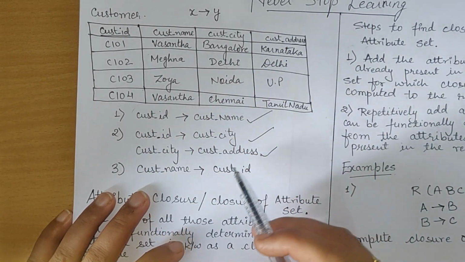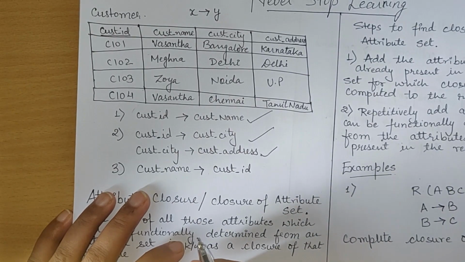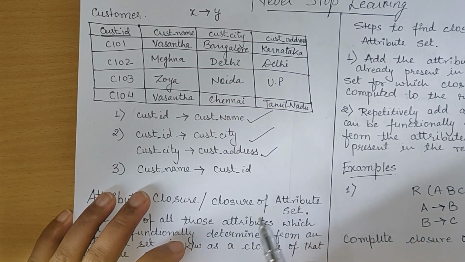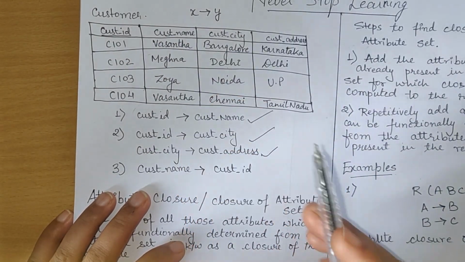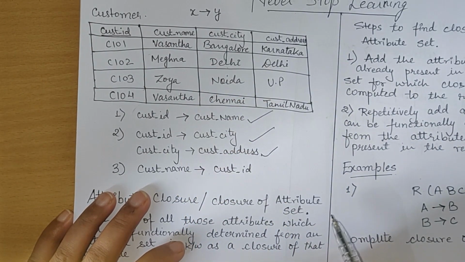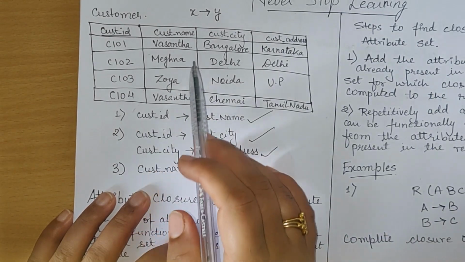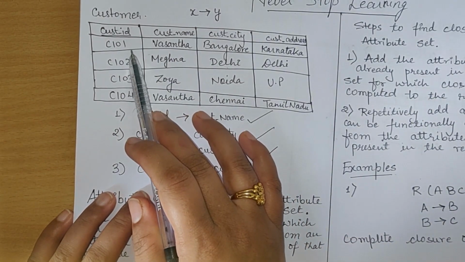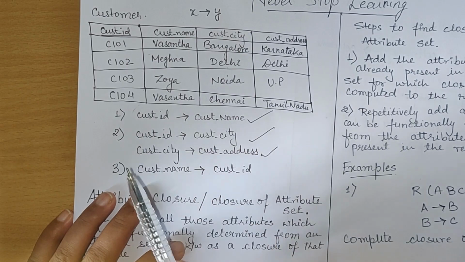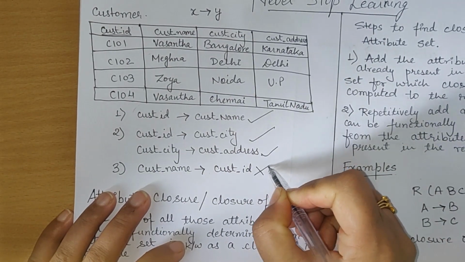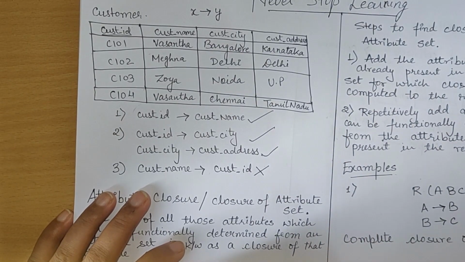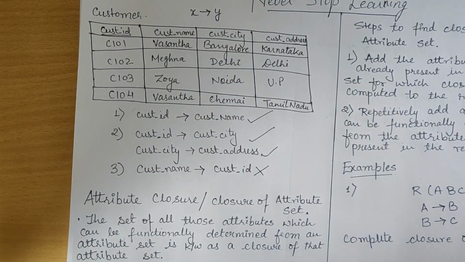This particular functional dependency does not hold, because as you can see, the customer name Vasanta is not uniquely determining the customer ID. At one place I am getting C101 and at another place I am getting C104. So here this functional dependency doesn't hold good, right? So this was your functional dependency.